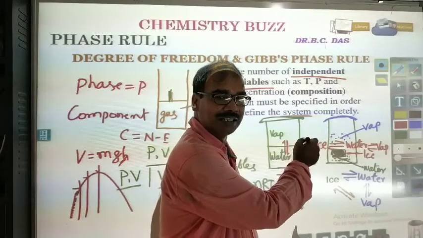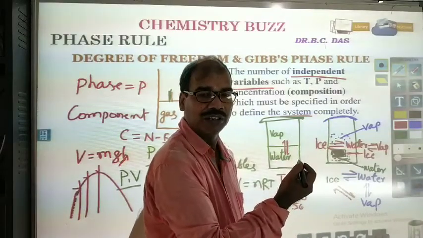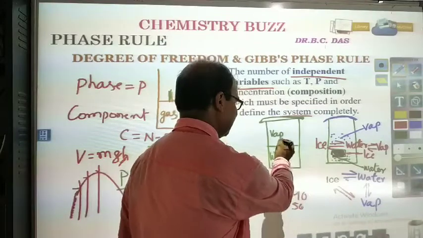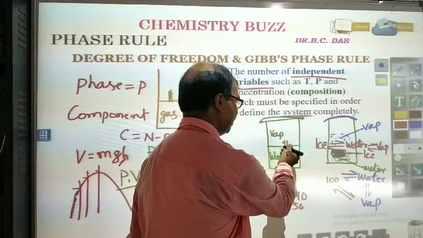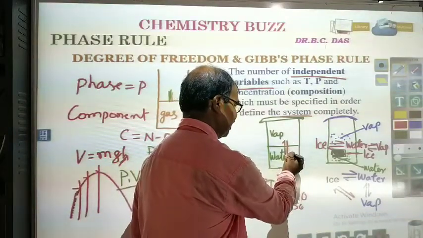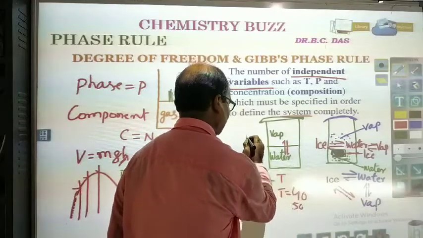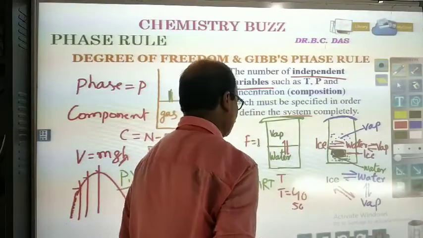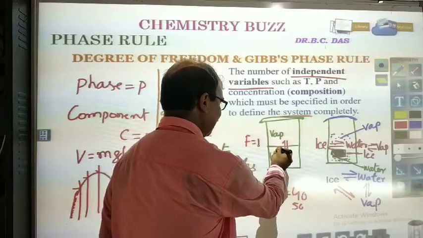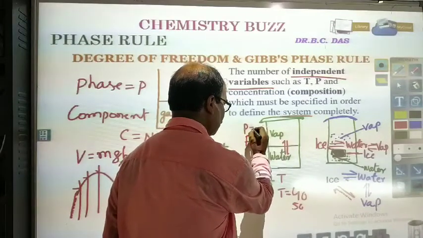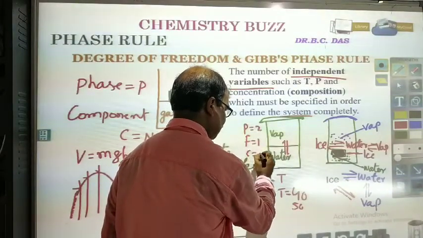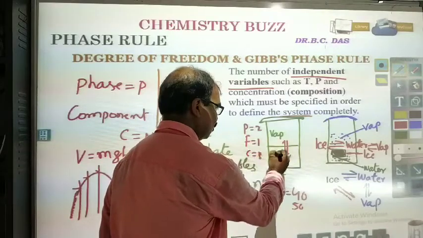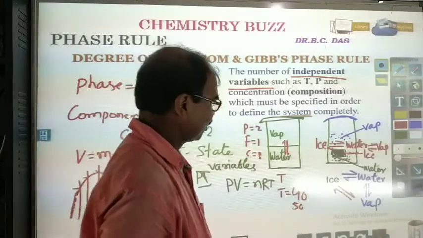So if one is given, the other one can be obtained. So one is an independent variable in this case. So the degree of freedom in this case is 1. So F is equal to 1 in this case, and P is equal to 2, and C is equal to 1. This is a one component system.